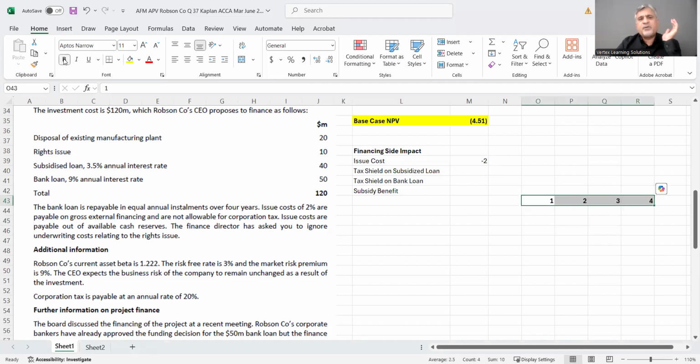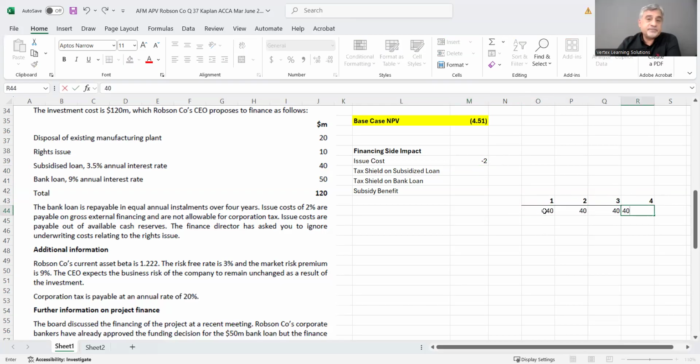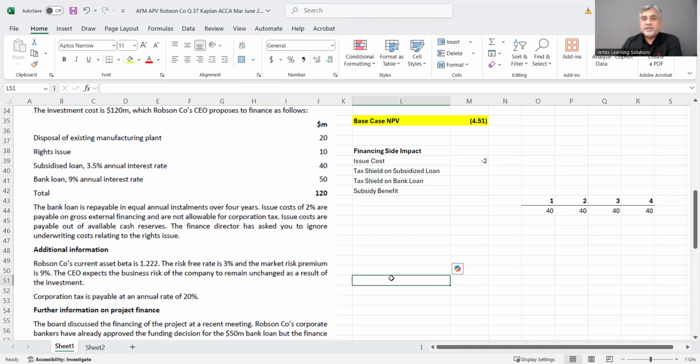Some of you would probably understand a one-line calculation, but let me explain the logic where it is coming from. So you are taking a subsidized loan of 40 million, right? You don't have to return it during the year. The bank loan is repayable in equal installments, but for this subsidized loan they did not mention that, so we assume that we have to pay it in the end.